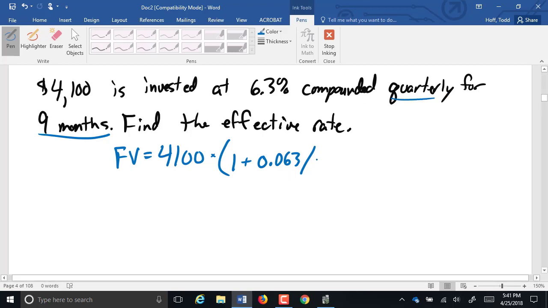Quarterly means how many times a year? Quarterly means 4. But now it's 9 months, so N is 4 because it's 4 times a year, times 9/12 because it's only 9 months. That comes out to a power of 3. 4 times 9/12 is 3.